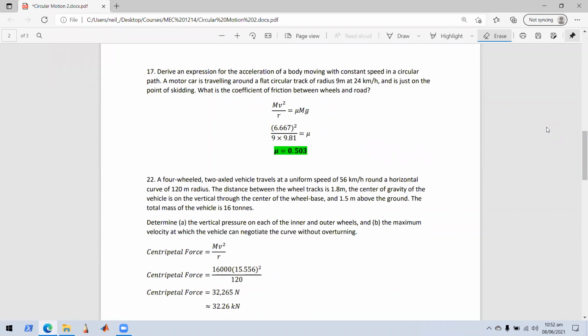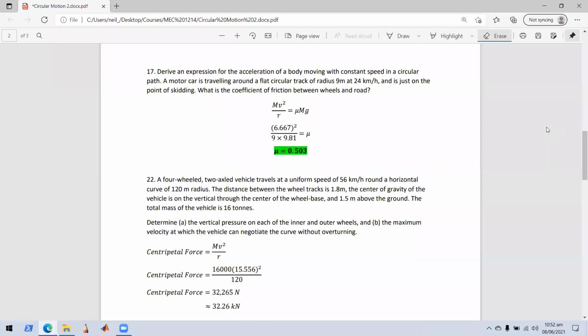Any more centripetal force is going to cause the vehicle to go out of control because we don't have enough friction or traction to keep the vehicle stable. So mv squared over r is equal to mu mg, mu times the force as a result of gravity, which you guys remember from last semester.